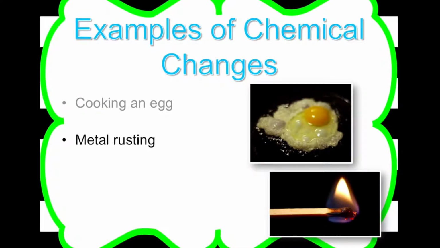Or when metal rusts, if you leave your bicycle outside and it rains and you leave it out there when it gets hot again, the metal on your bike will rust. And lastly, roasting marshmallows. You start off with those white fluffy marshmallows and you add fire, which is the chemical change. It heats it up and you can turn it into golden brown or burn it to a crisp.